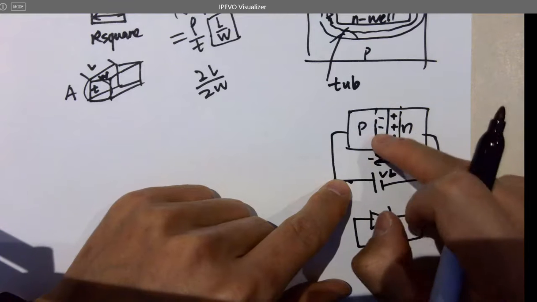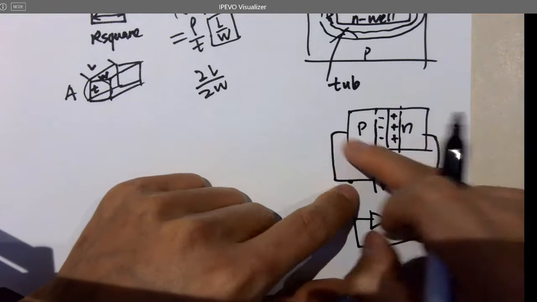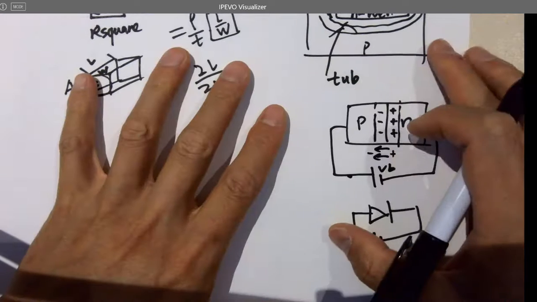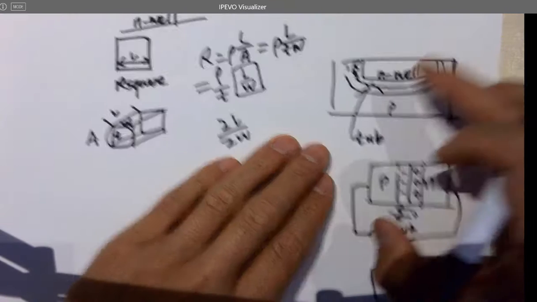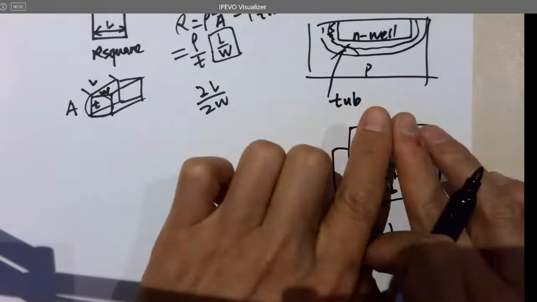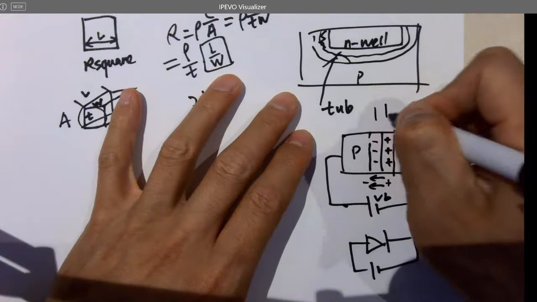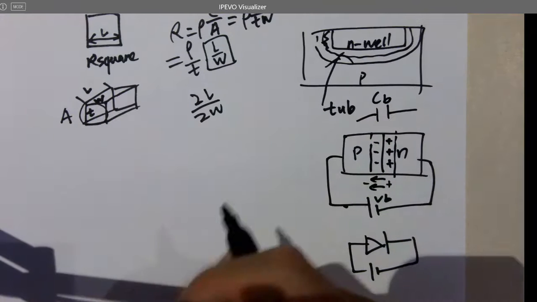It's going to attract the electrons to here. Just taking these electrons away, it's getting thinner, right? Whatever, getting thinner or getting wider, it has a capacitance. So there will be a capacitor, like a built-in capacitor.